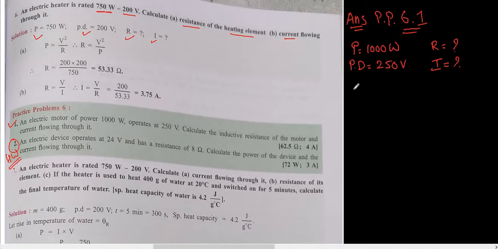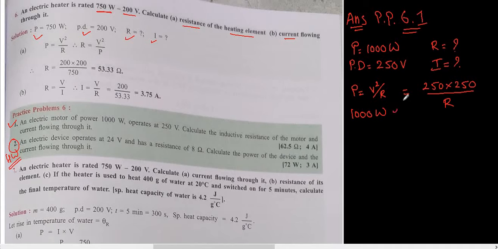So here our sum begins. Power is equal to V square upon R. V is given as 250 multiplied by 250 upon R. R is not given, so we have to find out R. What is power given? Power is given as 1000 watt.